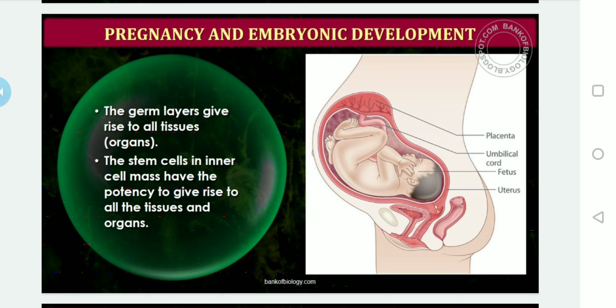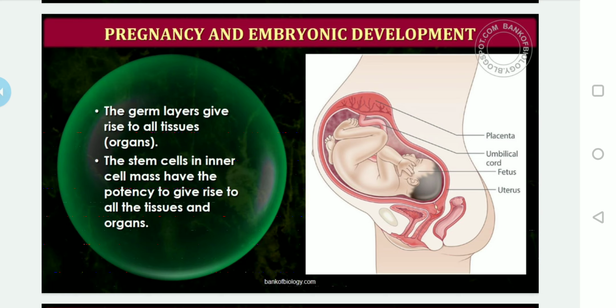Then the mesoderm, the middle layer, meso means middle, gives rise to the dermis of the skin, kidneys, gonads, heart, blood, blood vessels, cartilage, bone, adrenal glands, and notochord. These are the derivatives of the mesoderm.